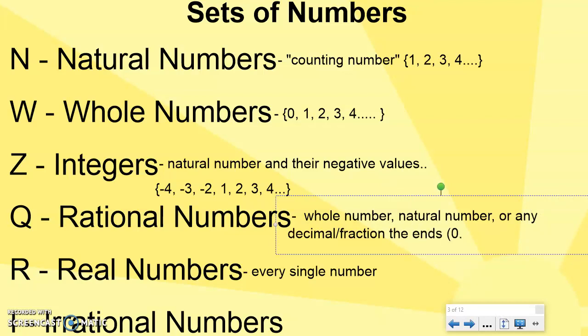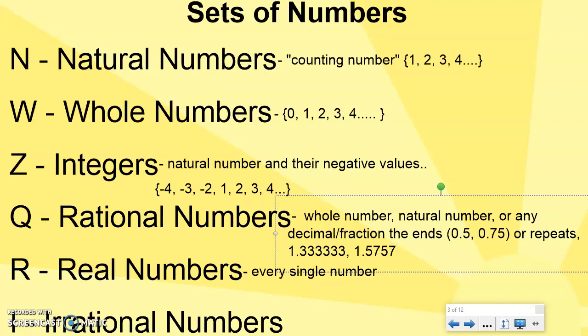And when I mean ends, I mean like 0.5, 0.75, or repeats. Something like 1.333, or it has a nice pattern, maybe like 1.5757, whatever the case may be. So a rational number, again, can be a whole number, it can be 2, but it also includes a decimal or fraction that ends or that repeats.